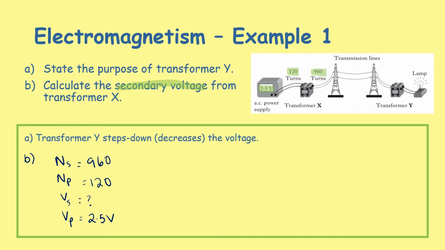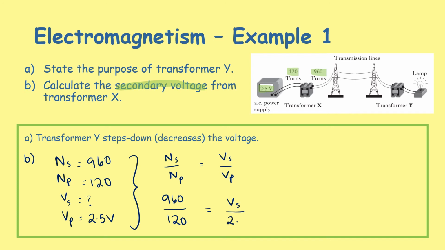Remembering back to our equation, we have NS over NP equals VS over VP. Plugging in our numbers, we've got 960 divided by 120 equals VS over 2.5. Now we want to rearrange this. We're dividing by 2.5 currently, so we just want to do the opposite. We have to times by 2.5 to take it up to the left-hand side.